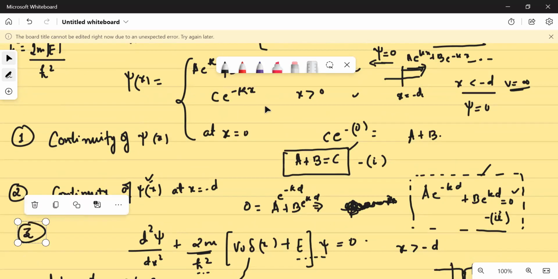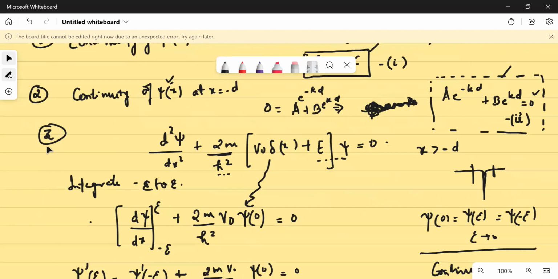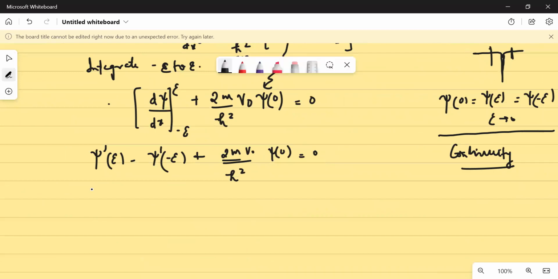Now, to the right of 0, your equation is C e to the power minus kx. So I would write psi dash, which means what? C e to the power minus kx, so it becomes minus k C e to the power minus k epsilon.